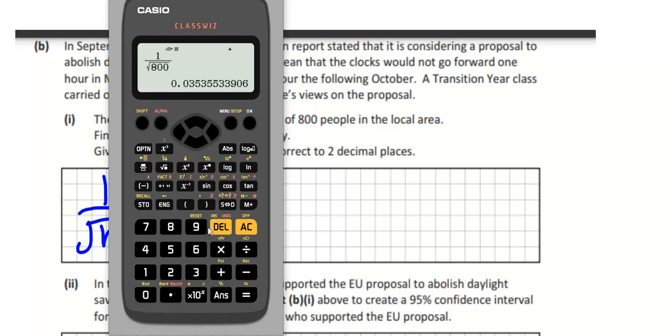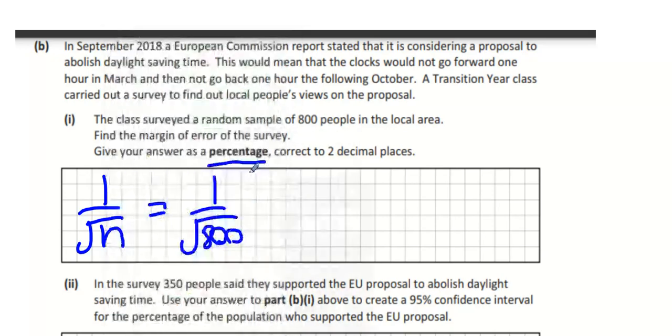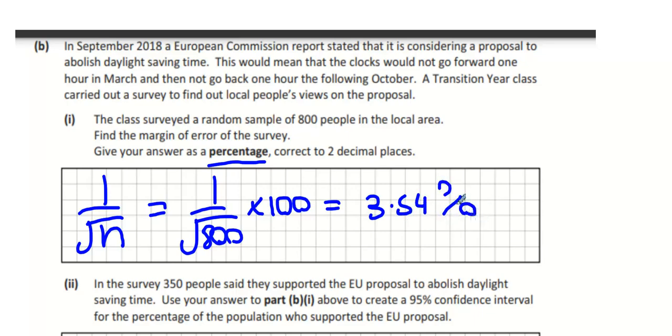Now that's in decimal form. What do I need to do with my answer? Multiply by 100. I'm going for 3.54. Is that okay? 3.54%. That's your error. Your error is 3.54%. Cool. All right, next thing.